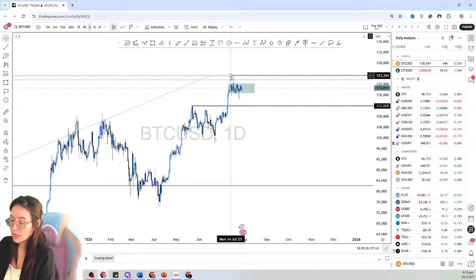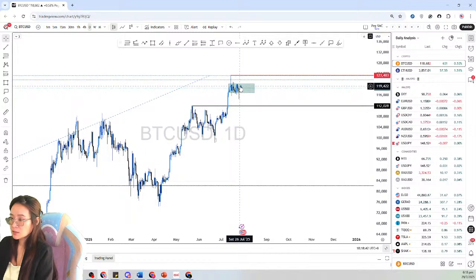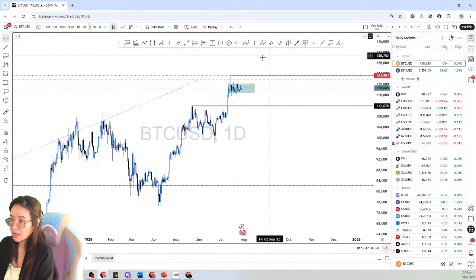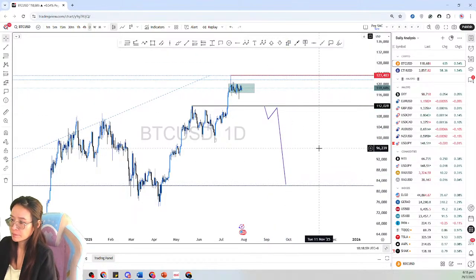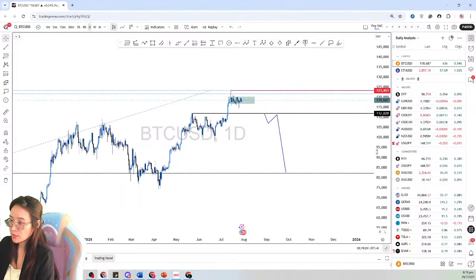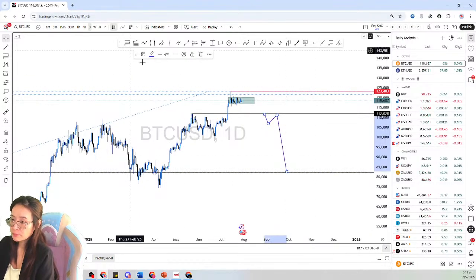For the swing, you're going to go all the way here, and then you might see a rise. So basically, look for the sell entry, stop loss above the recent high or all-time high. If price breaks below the key level at 112k, you could wait for the pullback and then target here. This is a swing setup.